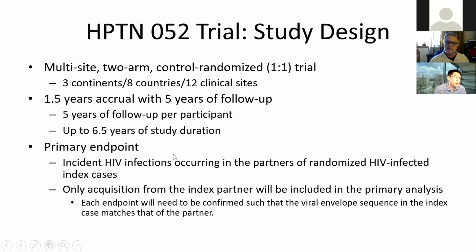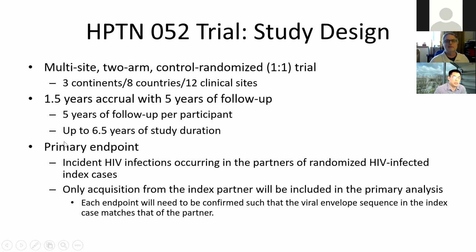So the primary endpoint for this study is incident HIV infection occurring in the partners of randomized HIV infected index cases. And in the primary analysis, we only count infections linked to the index partners. So each endpoint needs to be confirmed such that the viral envelope sequence in the index case matches that of the partner.